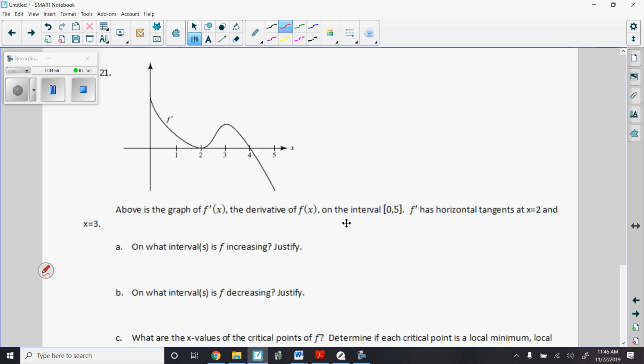Okay, the first question is, on what intervals is f increasing? And again, I need to know my derivative. F increases when f prime is positive. I have an f prime graph here, so I just want to report the positive regions. You can do this in one of two ways. You're allowed to say 0 to 2, union 2 to 4, or you can say 0 to 4.